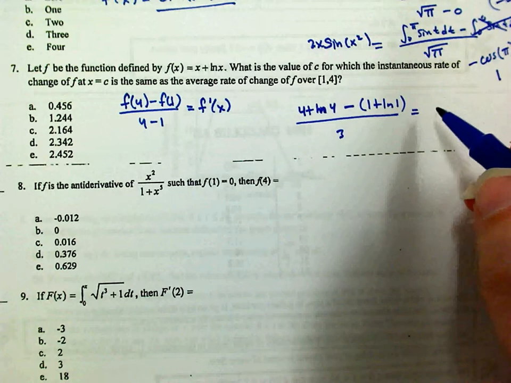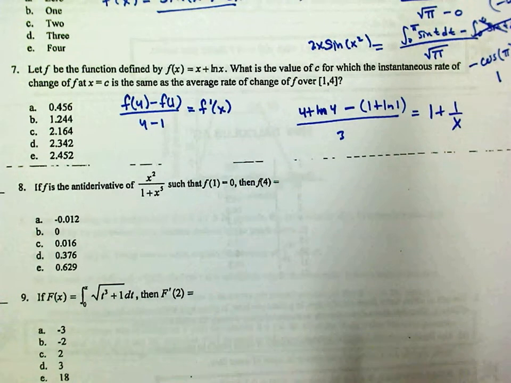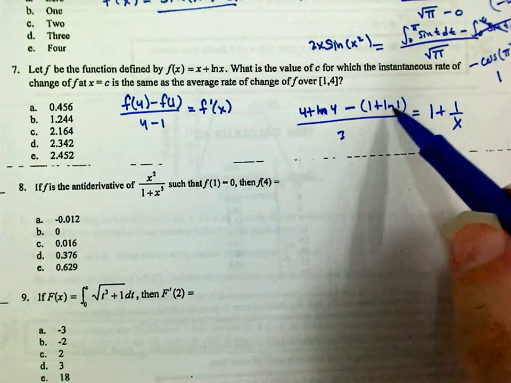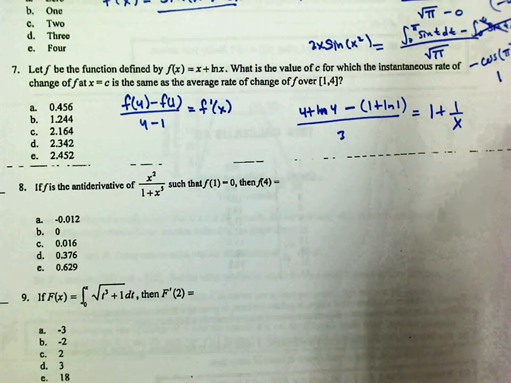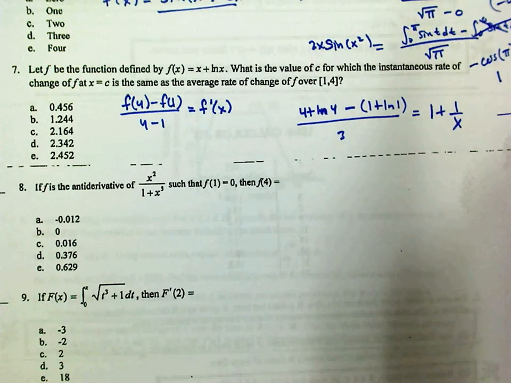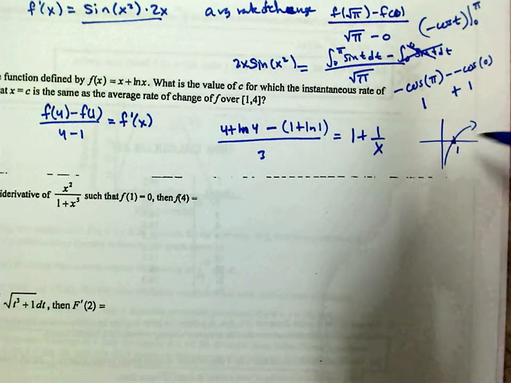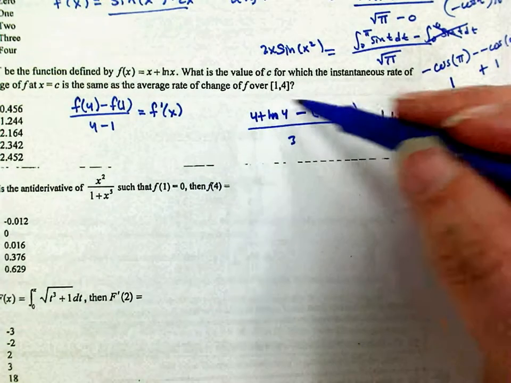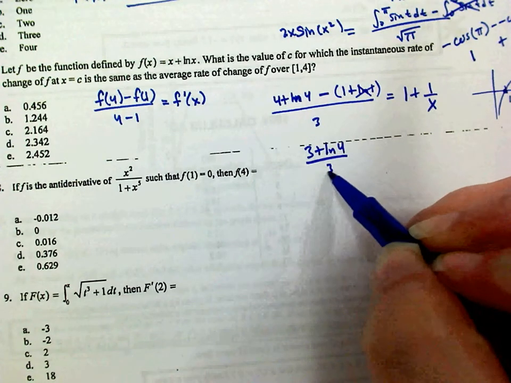So 1 plus 1 over x. Okay. So what do you know about ln of 4 or ln of 1? Ln of 1 is 0. So that's gone. I've got 4 minus 1, that's 3. So I've got 3 plus ln of 4 over 3 equals 1 plus 1 over x.